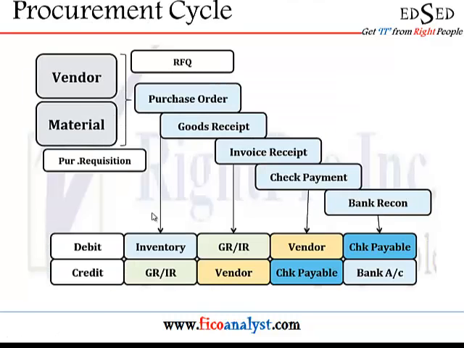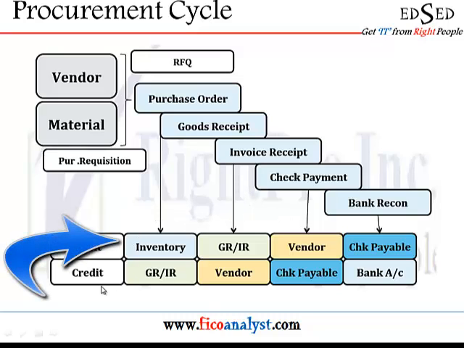And the end-to-end procurement cycle we will go through, wherein integration with vendor and materials. Also, we'll trace through every transaction with implications for debit and credit, GL accounts, and their determination in the process.